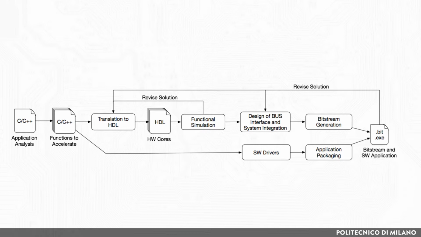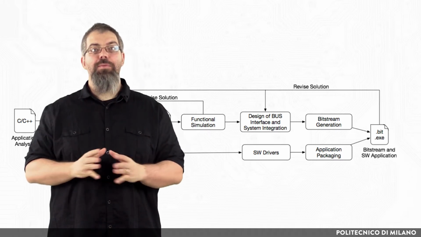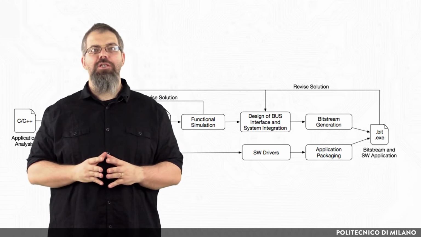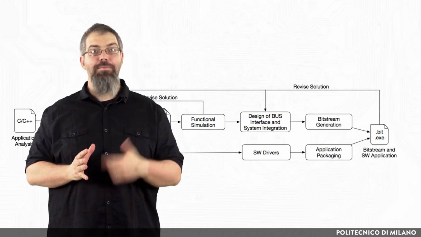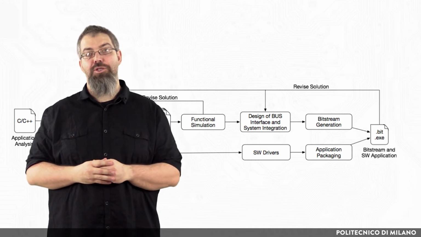Otherwise, if we are happy with the output of this module, we can move to defining all the interfaces with the memory as well as integrating the module produced with the provided system infrastructure. In this phase, it is defined how the core communicates with the rest of the system, how the computation is performed, and various other information such as whether the core will need a host device to manage the communication or not. Once all this information has been specified, we are able to generate the final bitstream that will then be necessary to execute our code on the FPGA.